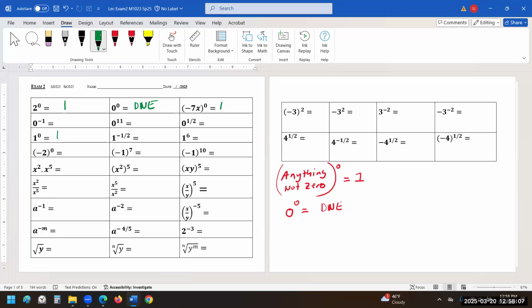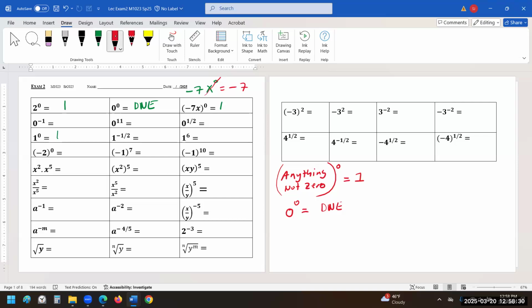However, there's a different scenario. What if I give you negative 7 and then x to the 0? Then what will be the answer? Negative 7. Because see, this 0 only belongs to the x. It gives you 1. So it's negative 7 times 1. The answer is negative 7.